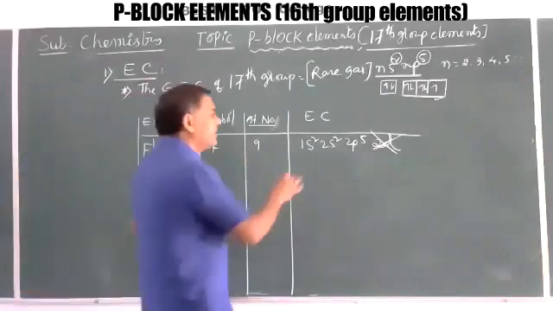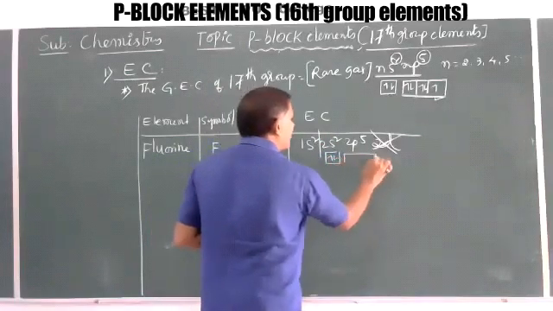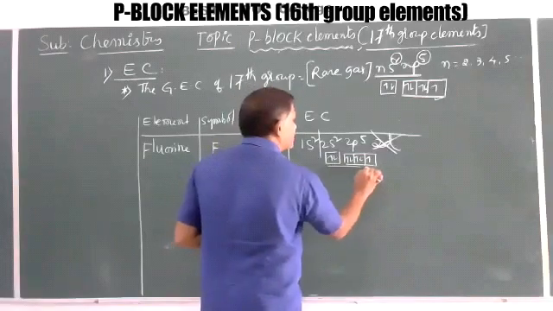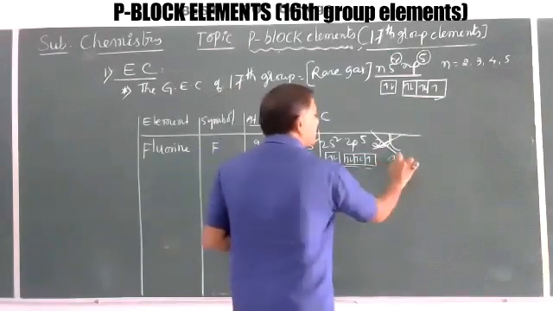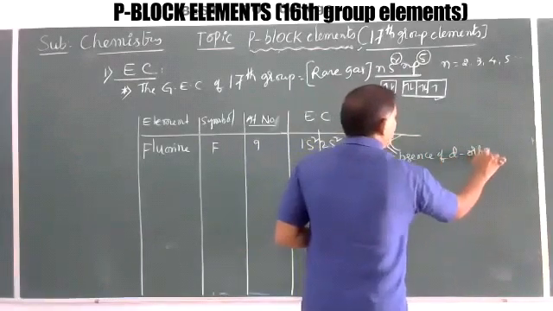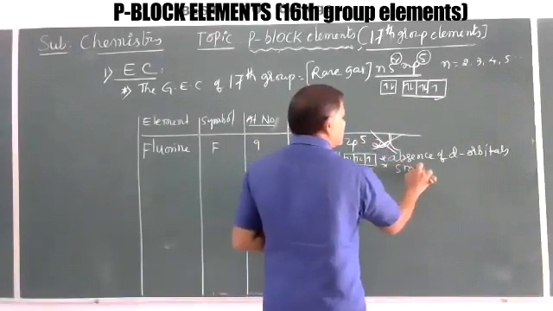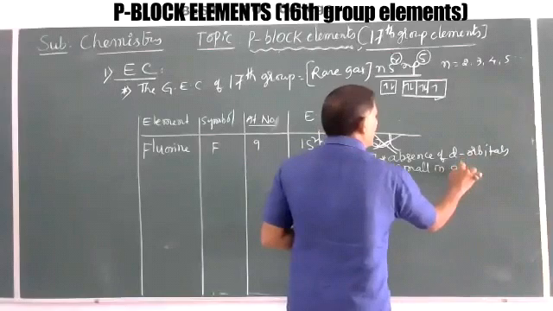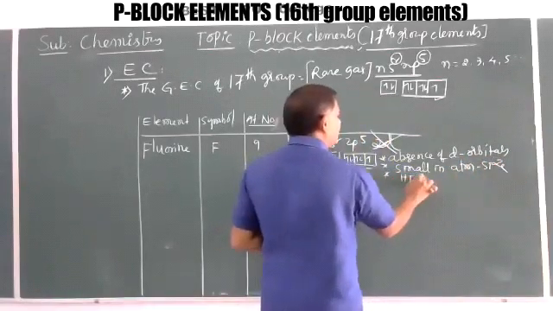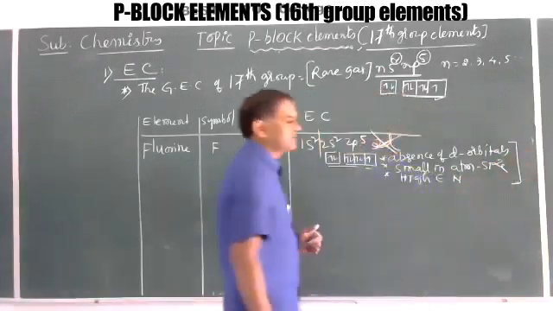In its outermost orbit there are 7 valence electrons. Among these 7, 3 pairs are paired and 1 is unpaired.